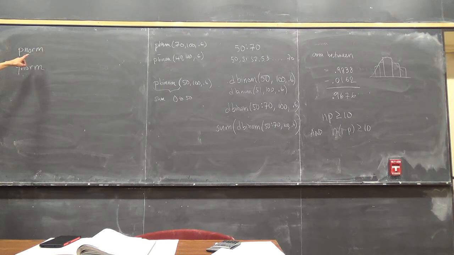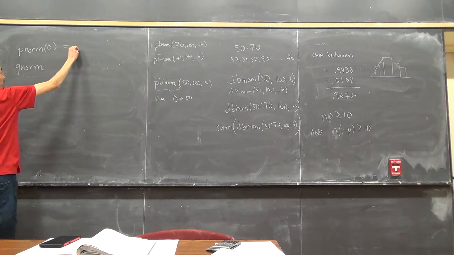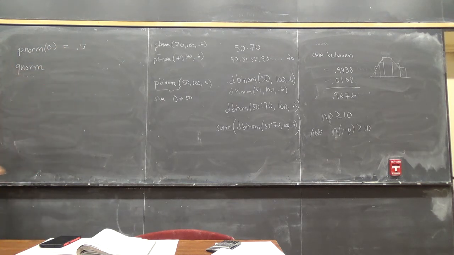pnorm is basically looking up the z-score in the z table. So if I do pnorm(0), I would get 0.5, right? Because if you look up a z-score of 0, the area you'd get is 0.5. qnorm works the opposite. So if I do qnorm(0.5), it would spit out the z-score that gives me 0.5, so qnorm(0.5) would be 0.